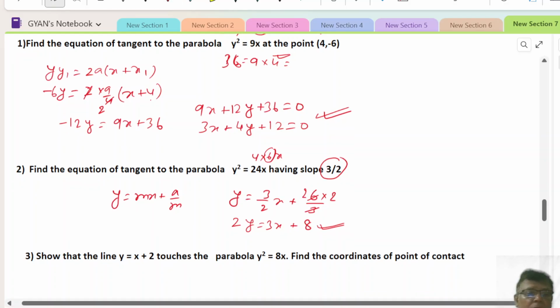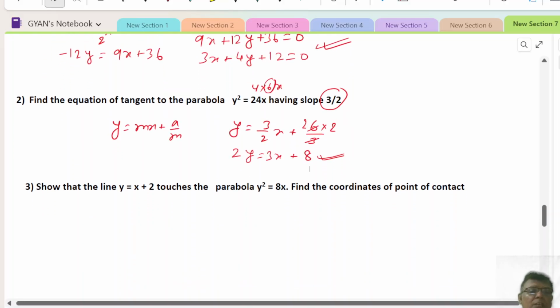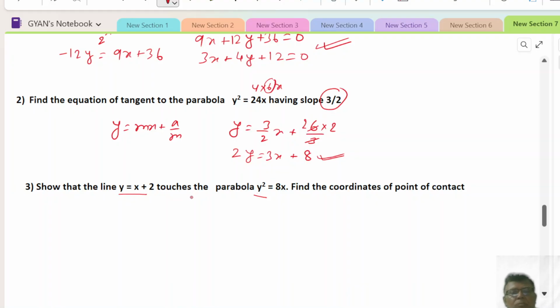Now come to the last question. The line touches the parabola. So for the tangency condition, c should be equal to a by m. What is c? c is equal to 2. And what is a? y squared is equal to 4 into 2 into x, that means a is 2.